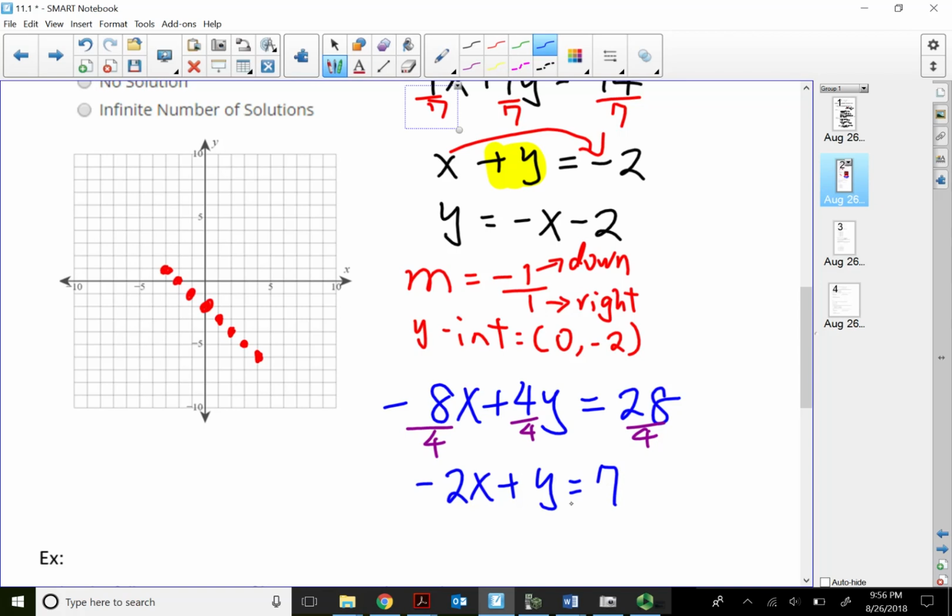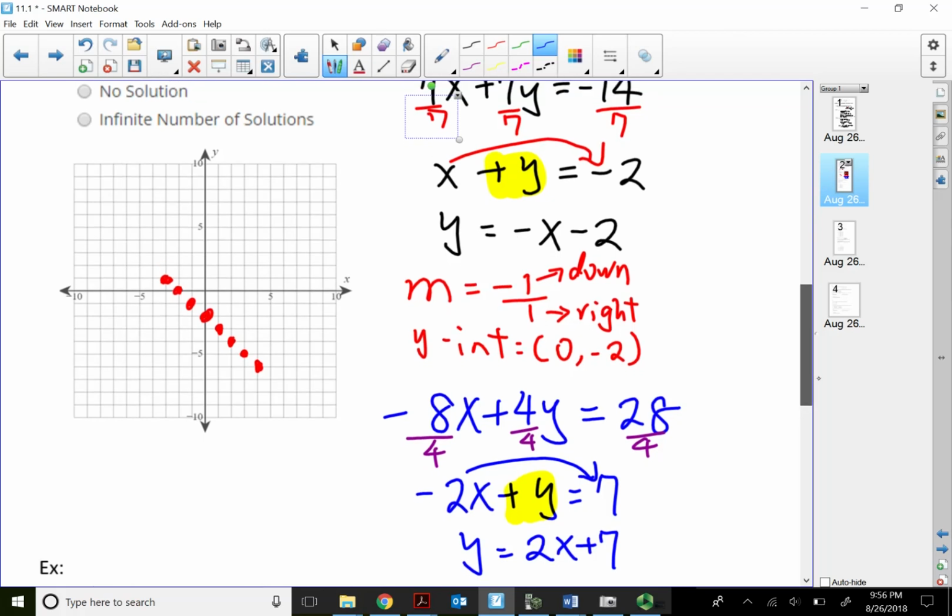Quickly I see my variable term is positive y, so I'm going to let it stay on the left side and move my negative 2x over. So I get y equals positive 2x plus 7.